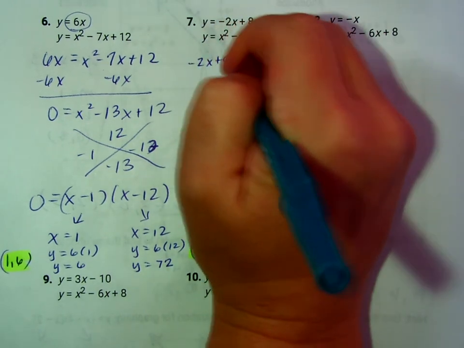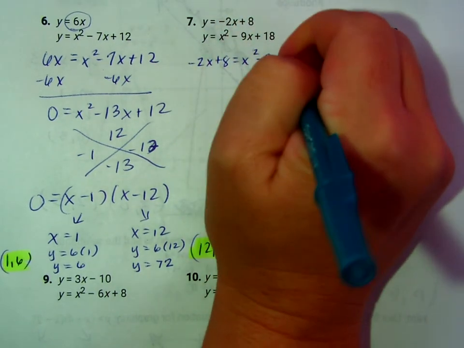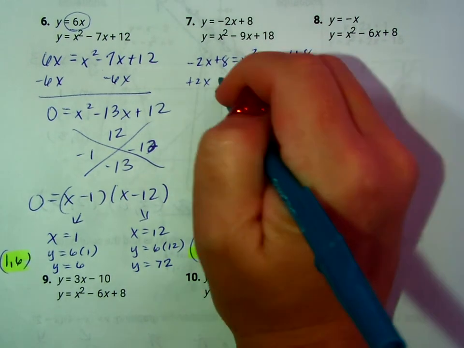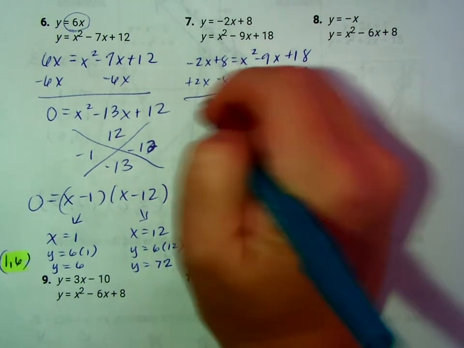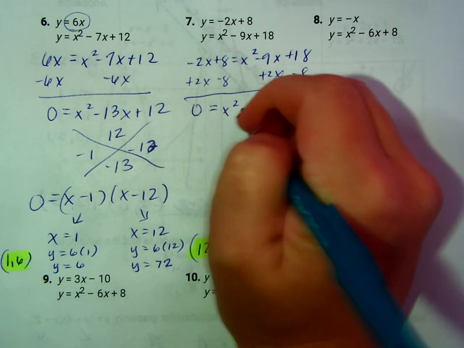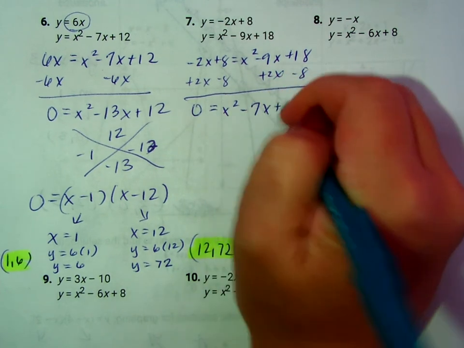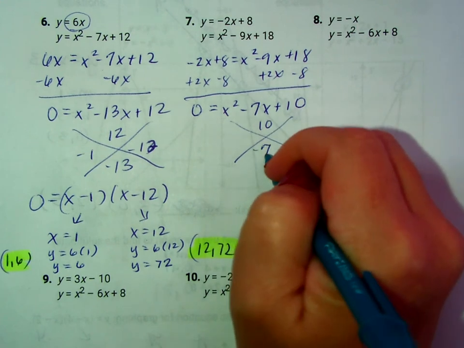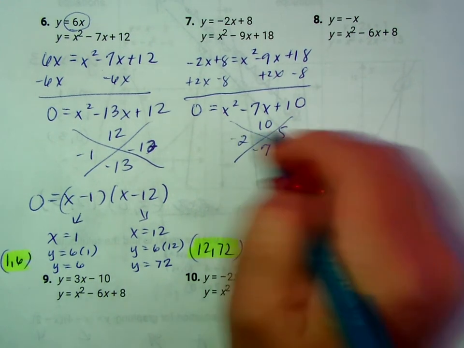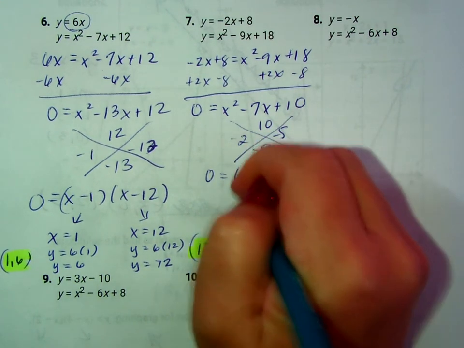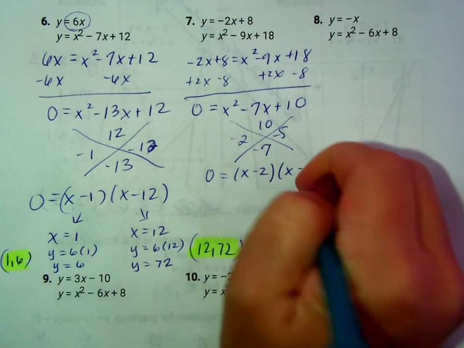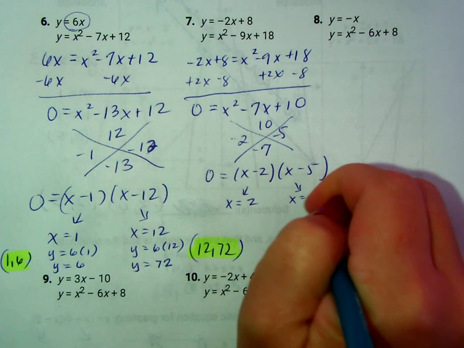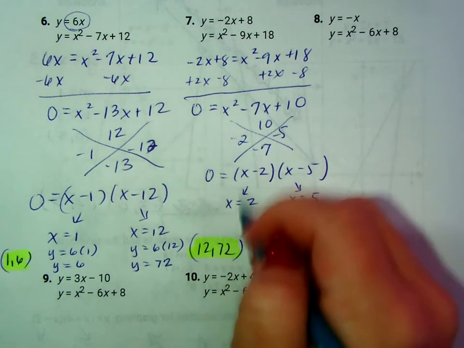Doing the same thing over here. I'm going to be adding 2x to both sides and subtracting 8 to make it equal to 0. What times what equals 10? Hope you're thinking 2 and 5, both with negatives. So we get x minus 2, x minus 5. So my solution is a 2 and a 5. Now we take that and plug it into the linear piece.